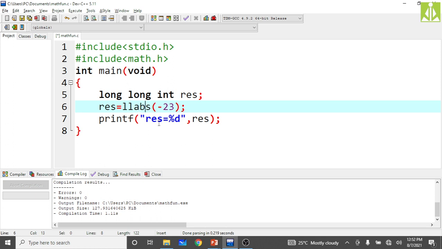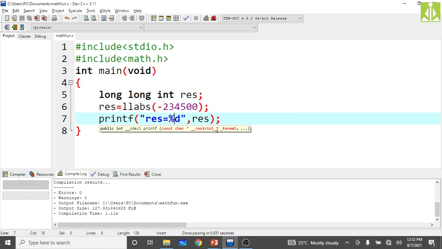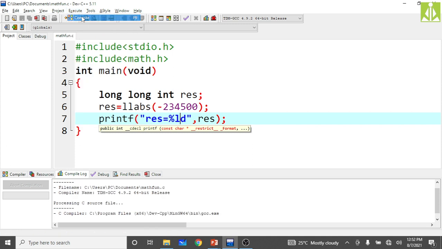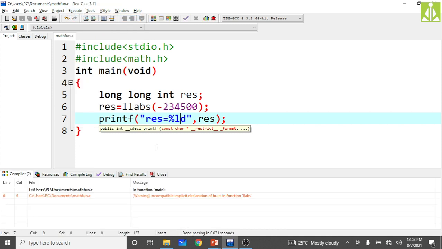Long absolute of some big value, minus 234,500. I'm giving a big number and I'm calculating its absolute value. When you are printing a long integer, we have to put the conversion code %ld. Now compile. It is giving some error.